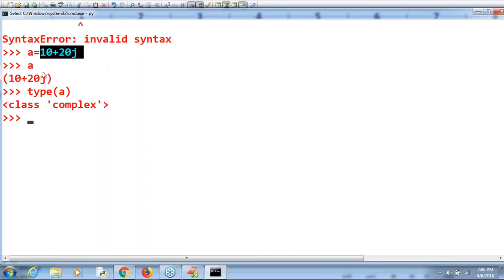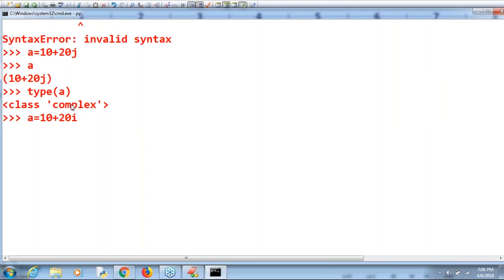Next, what is the type and so on. Suppose a is equal to 10 plus 20, sir, is the j fixed, or can I take any other letter? I want to take another letter. Can you please tell, is it valid or invalid?